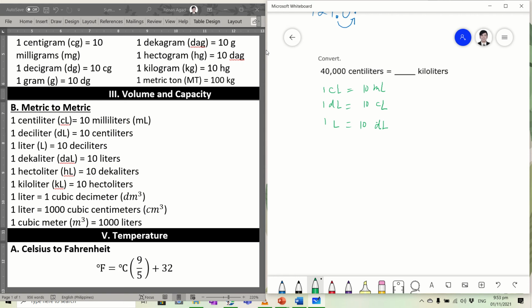They're not the same, but once it's in liters, we can consider converting it to decaliter.